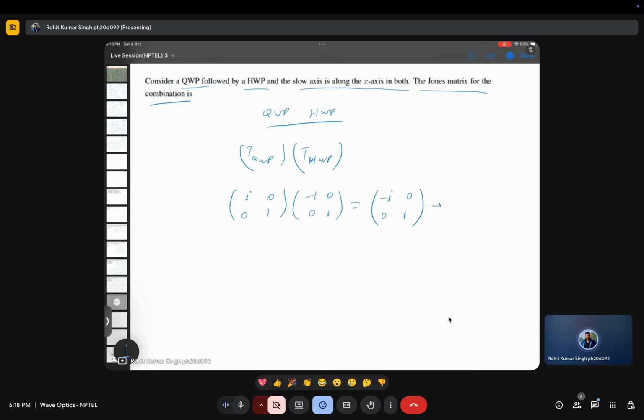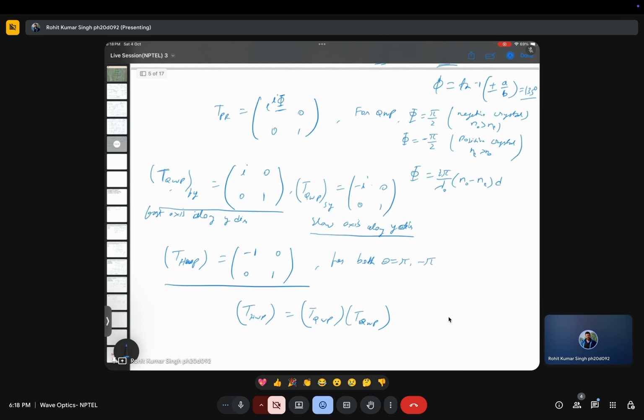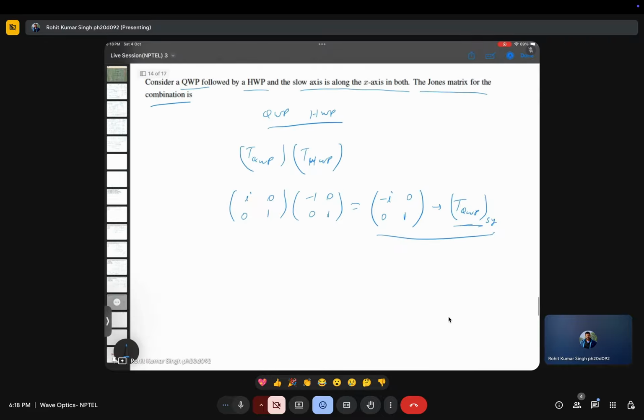So this becomes again a quarter wave plate, but now the slow axis is along the y direction. So this corresponds to the quarter wave plate with slow axis along the y direction. Remember, I discussed it here. So this is also simple.